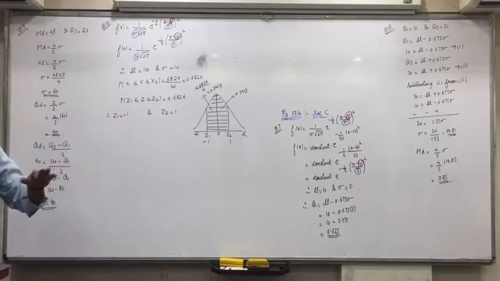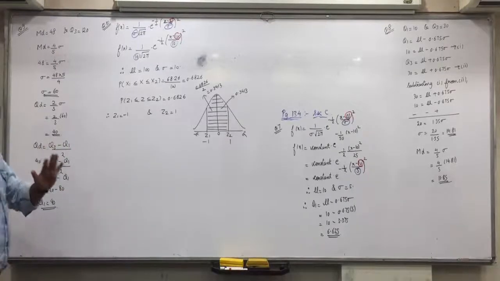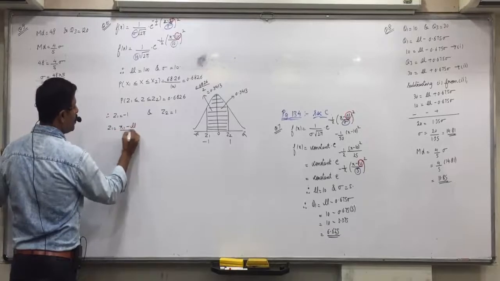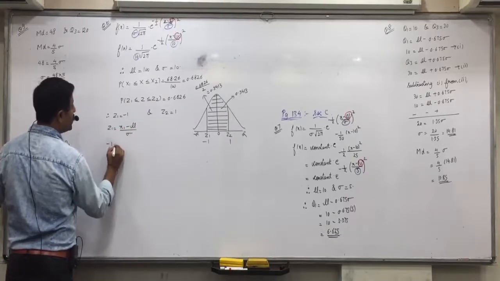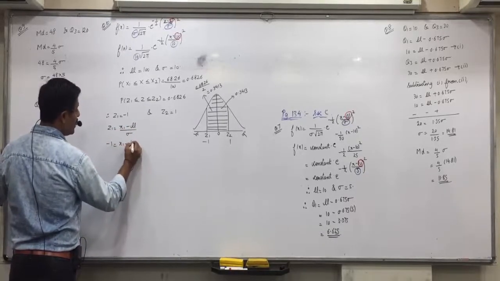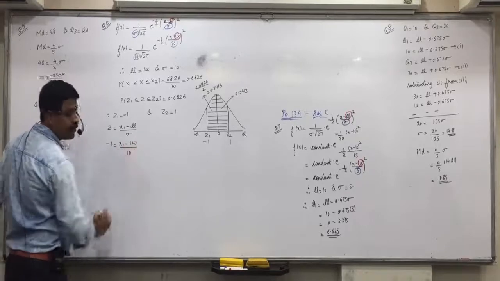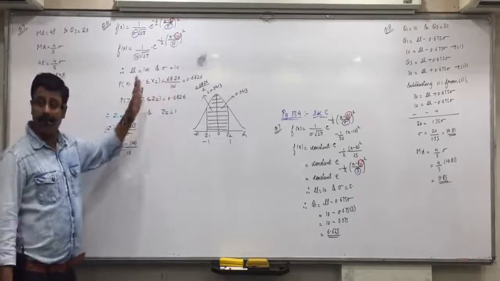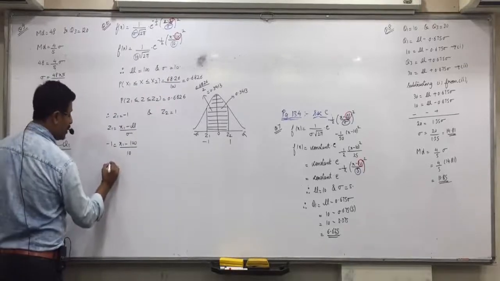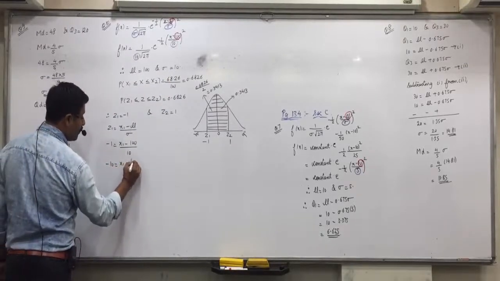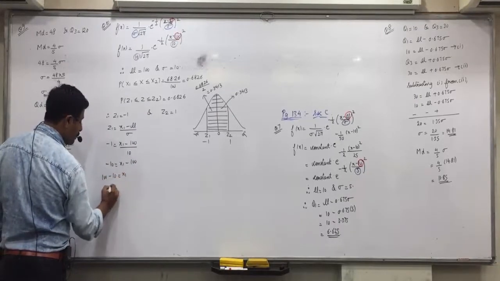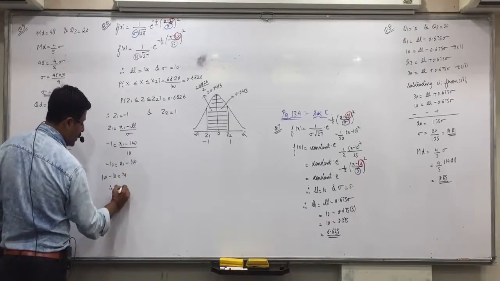Applying the Z1 and Z2 formula, we can get x1 and x2. Z1 equals x1 minus mu upon sigma, minus 1 equals x1 minus 100 upon 10. Mu is 100 and sigma is 10. Minus 1 into 10 is minus 10. Minus 100 on the left becomes plus 100 minus 10, 90.